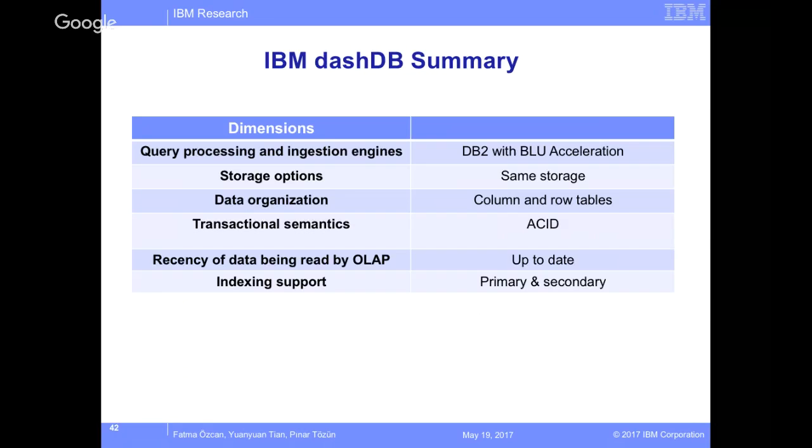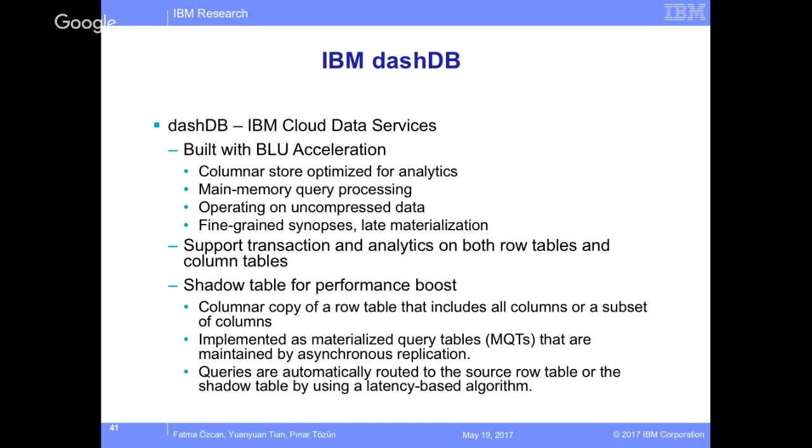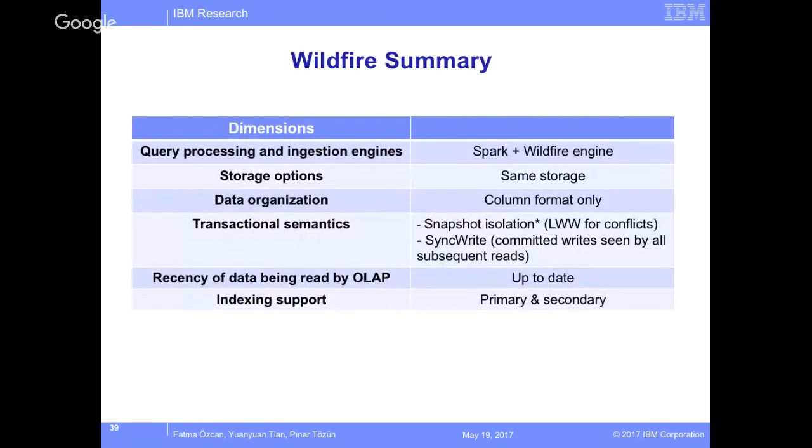You have a question, yeah? Slide 39? Yes. So sync write is not automatic. What we provide is an API call called sync write. If you don't call sync write, what you get is snapshot isolation with last writer wins.